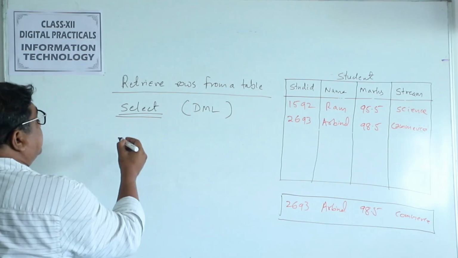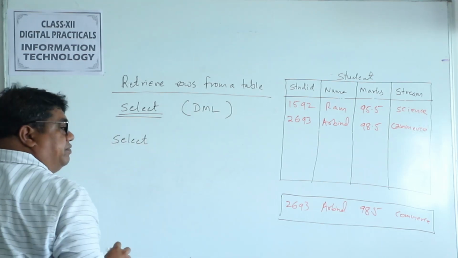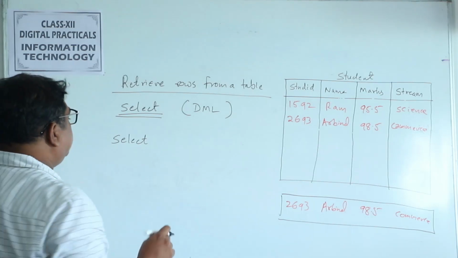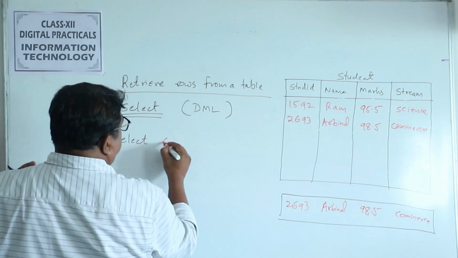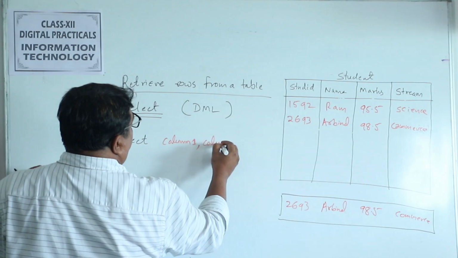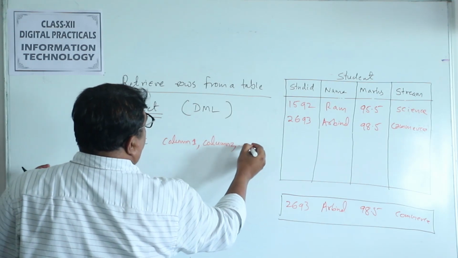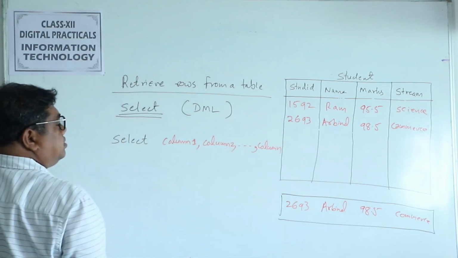Now, what is the syntax or the rule for writing this select command? We have to write select, which is a keyword, and we write column 1, column 2, so on up to column n.